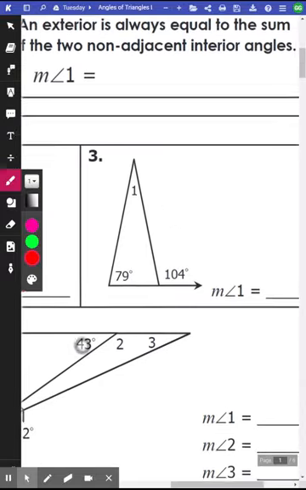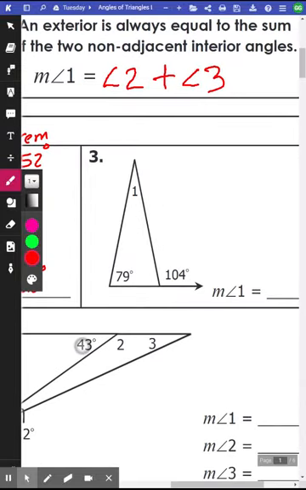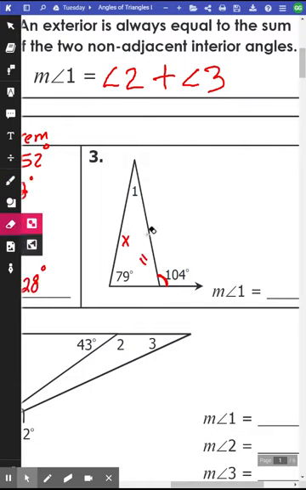Thanks to number 3, we're using the exterior angle theorem. We know that this angle is equal to these two added together. Maybe I should write it so it looks like a plus rather than an X. So we know that 104 degrees is equal to angle 1 plus 79.